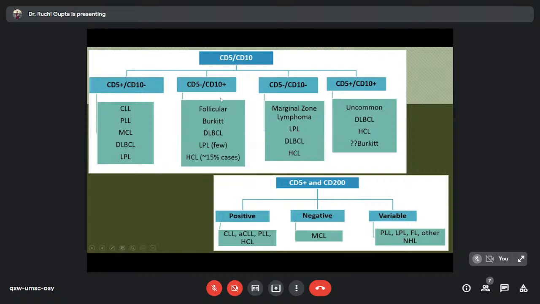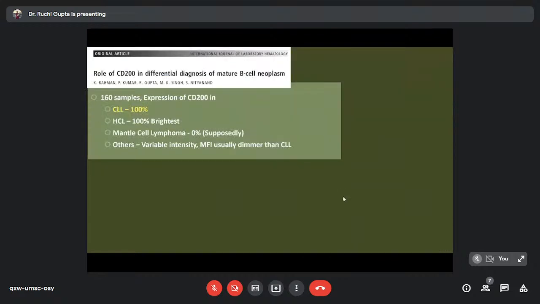After CD5 and CD10 have narrowed it down to this subgroup of CD5 positive and CD10 negative, you need to study the expression of CD200, because now there are papers which have reported that CD200 has almost 100% specificity for CLL. We published this I think in 2016 or 2017, and we studied 160 samples for the expression of CD200 and the utility of CD200 in the differential diagnosis of mature B cell neoplasms. Almost all 100% cases of CLL showed it.